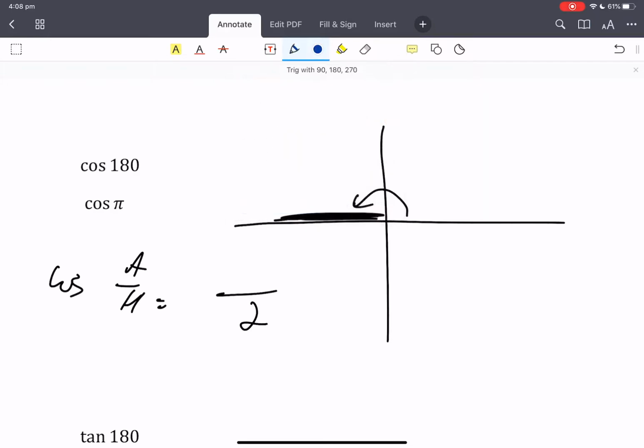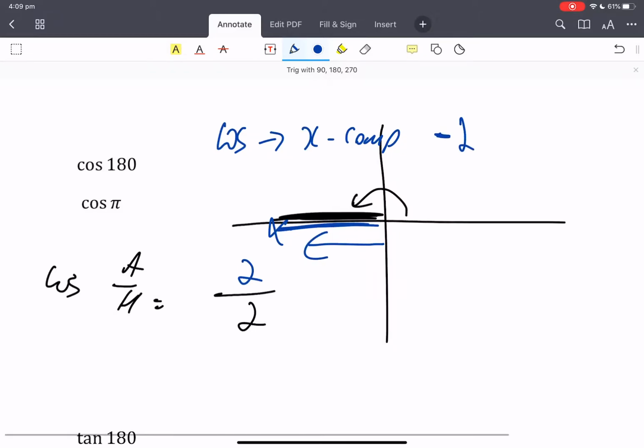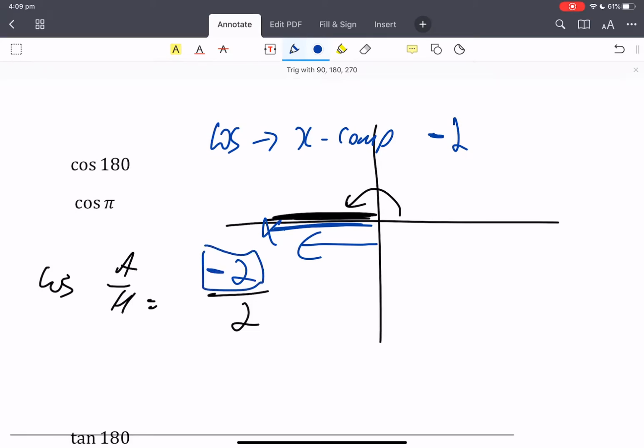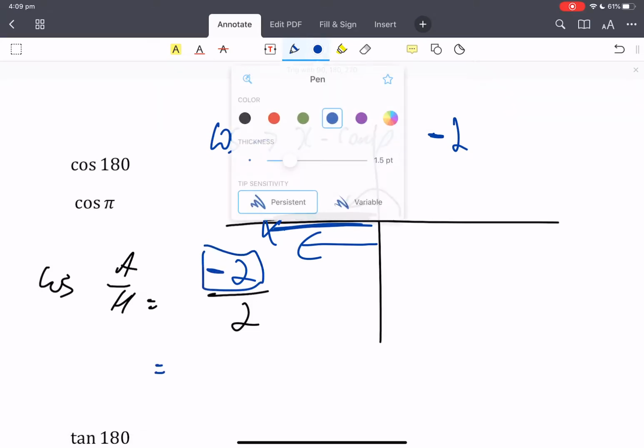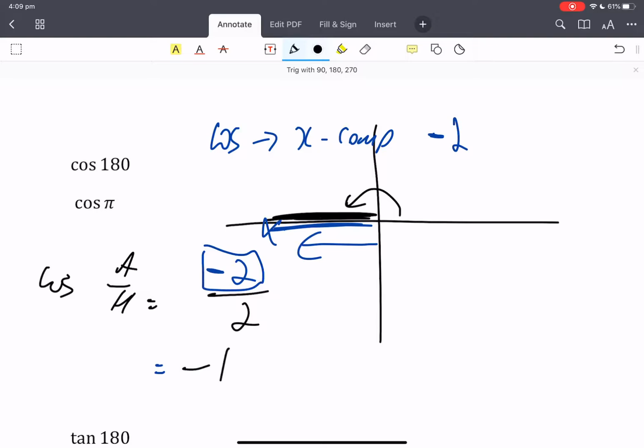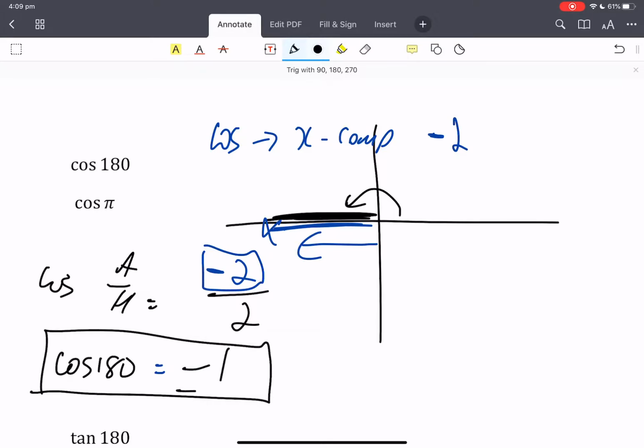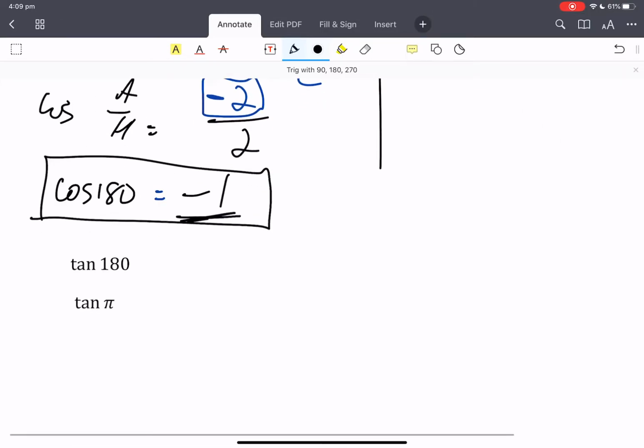What's my blue? If my black is 2, then my blue is 2. Hang on. Cos is the x component, which is 2, but it's on this side of 0, so it's negative 2. What's negative 2 divided by 2? So what's cos 180? Negative 1.